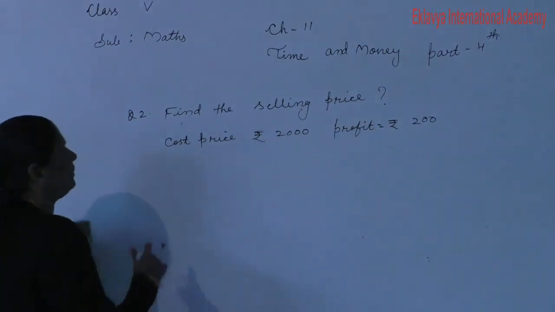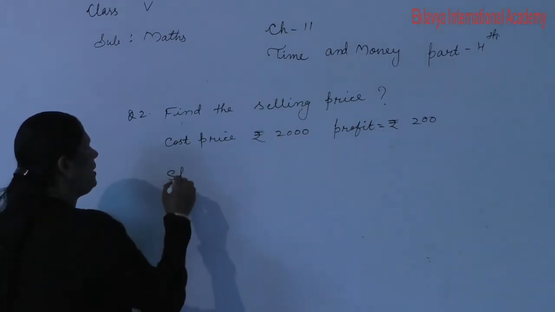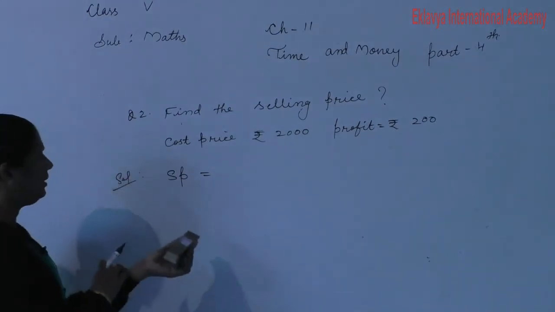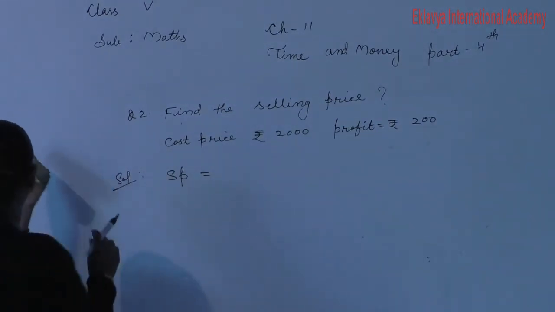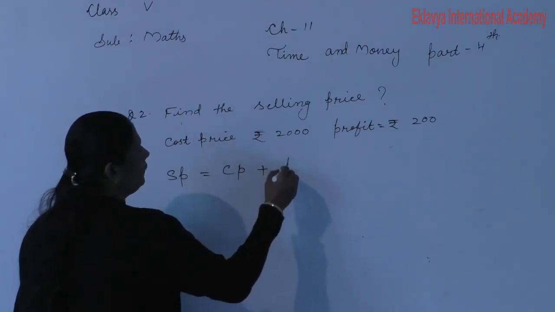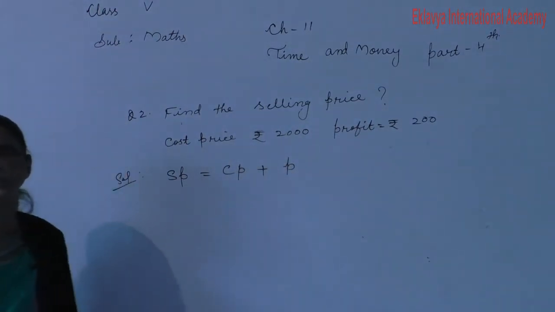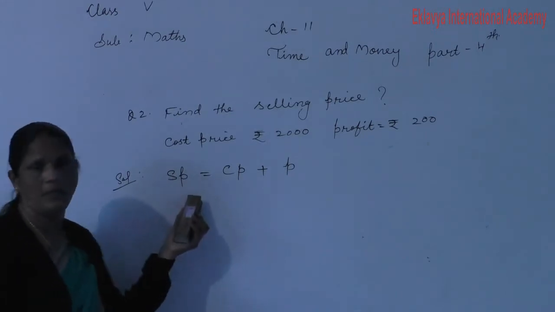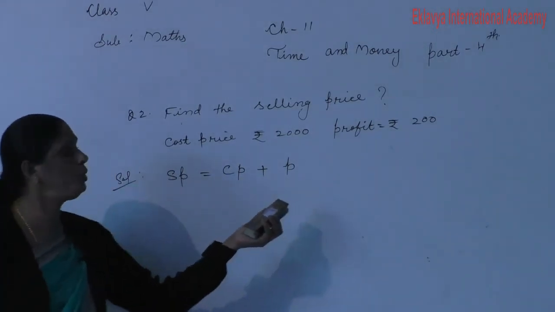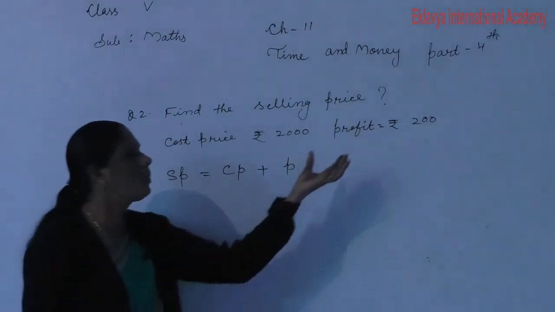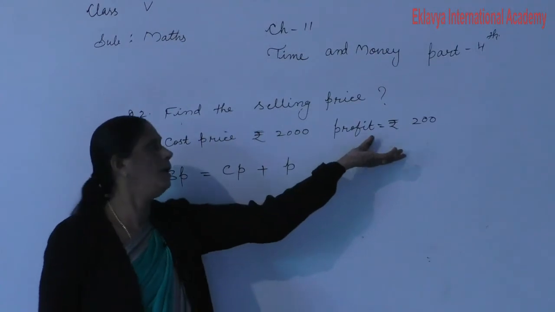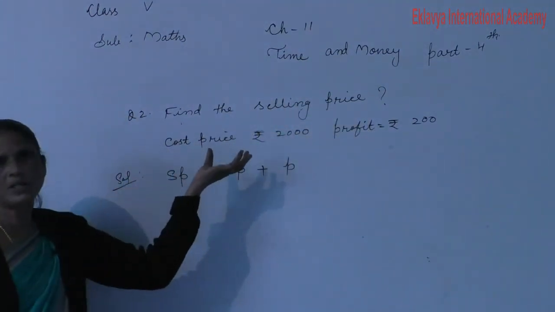This formula. Then SP is equal to CP plus profit. Why do we put this formula? Because profit is given in the question, and cost price is also given.